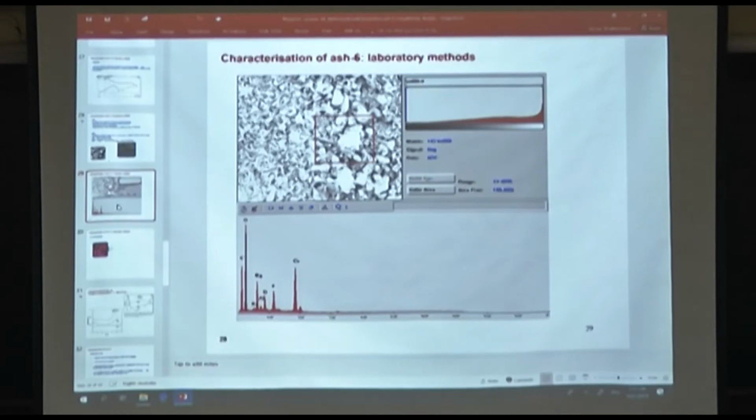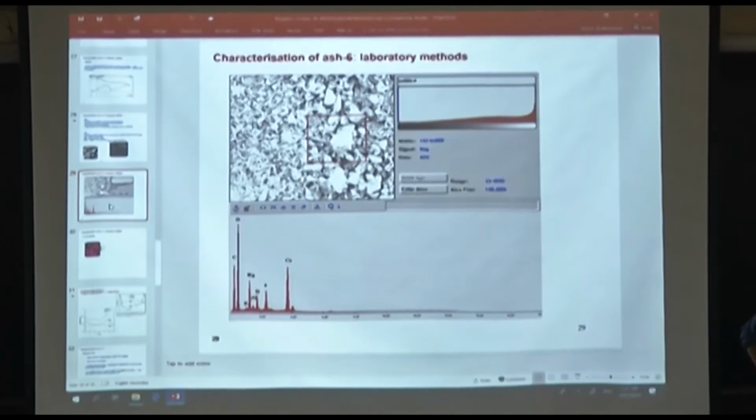So that's the idea. One of the ways to look at the deposits, or in fact the ash before the deposits are formed, is to burn the coal at low temperature, around 600 degrees or so. So nothing vaporizes from the coal except the combustion of the char.